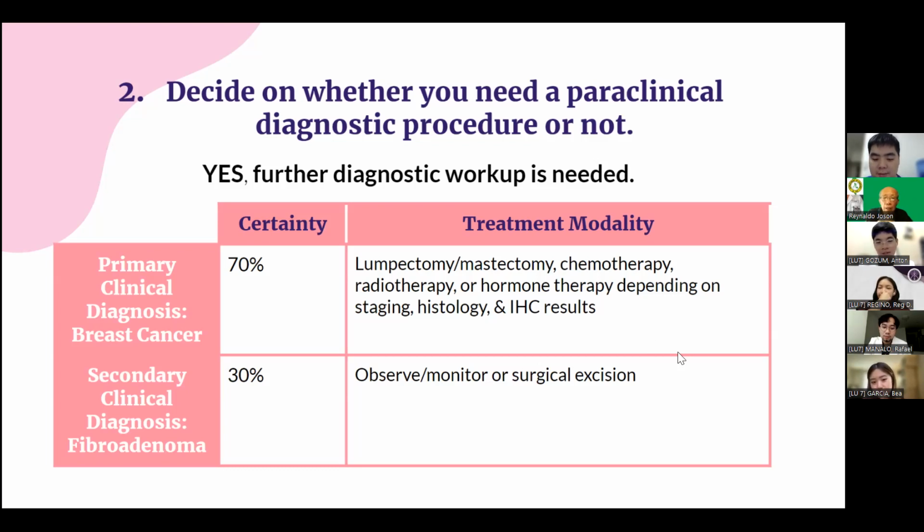Okay. So the treatment will be, so right away, yung sa treatment on this table, on this row, on this column na treatment modality, you can put there the usual treatment for such a condition, okay? For fibroadenoma, pwedeng observe, monitor, or surgical excision. Tama, no?